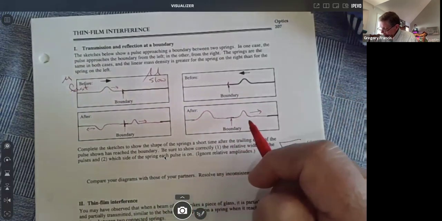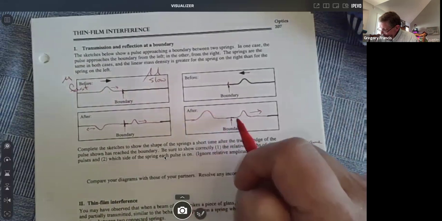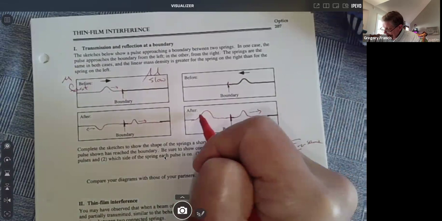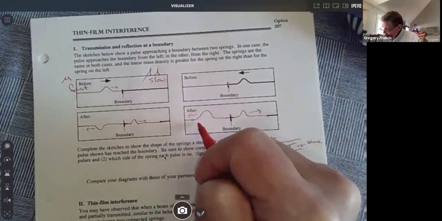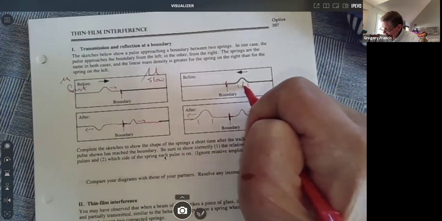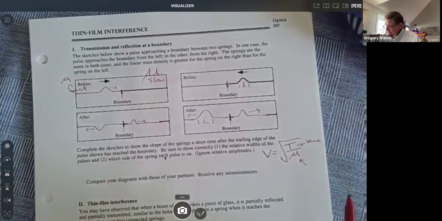Okay, and so this pulse would be further away from their birthplace. These are the twins, and it would be wider than the original. Okay, and so that's what we learned in Physics 105.